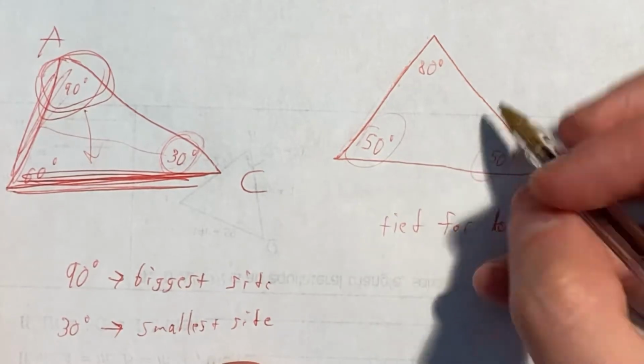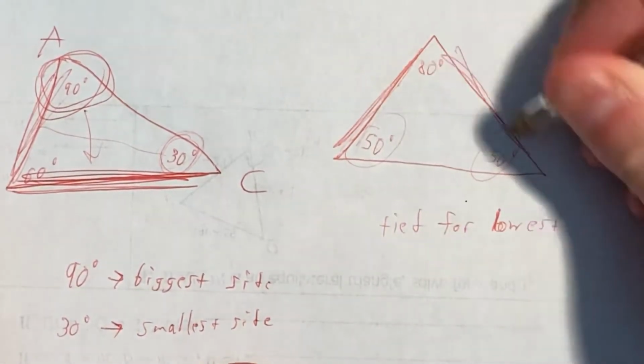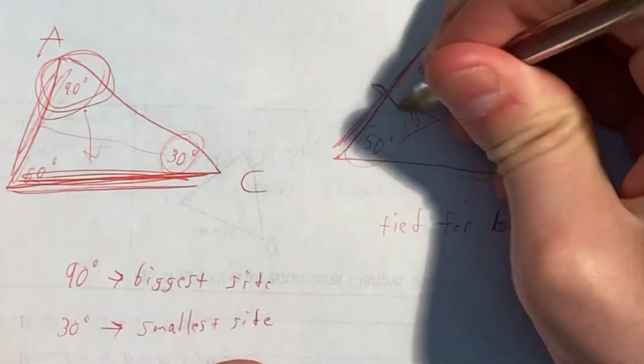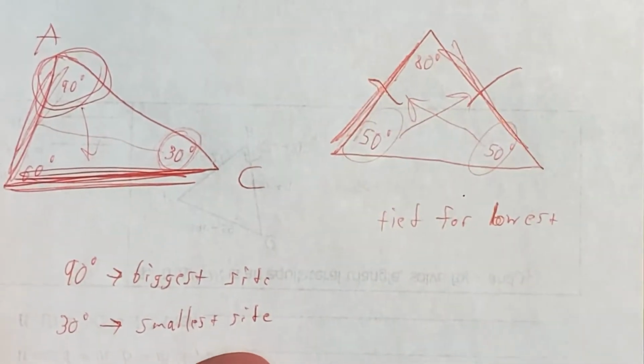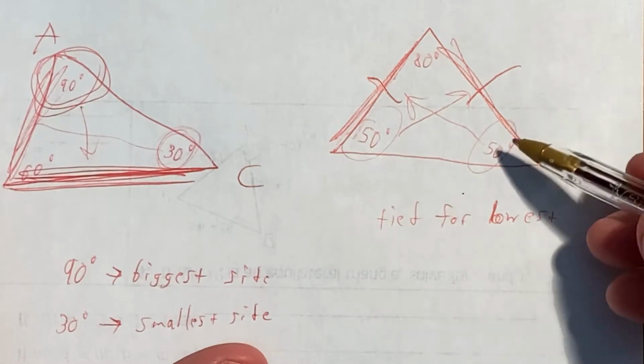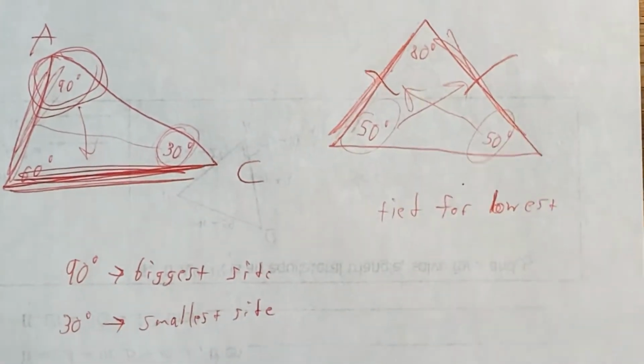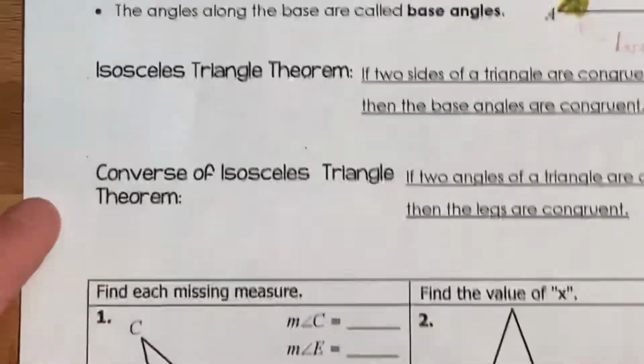That means the opposite sides have to be tied as well, which is the definition of isosceles. So it all kind of goes together there. If it has tying angles, then the opposite sides also have to be tied, meaning the same.